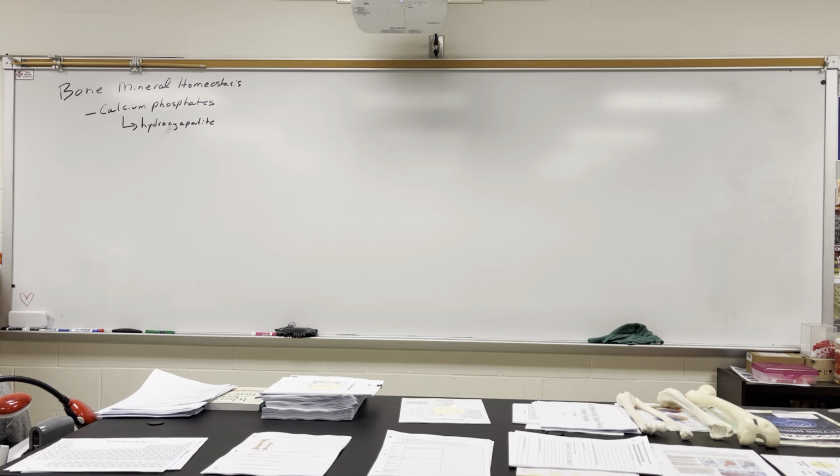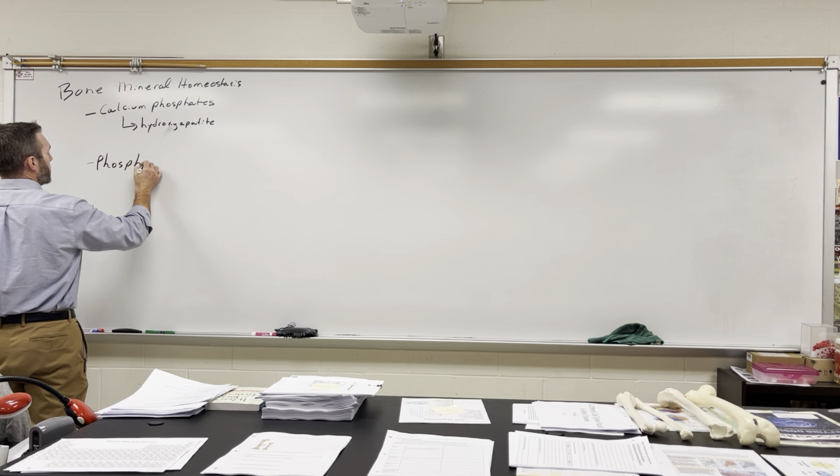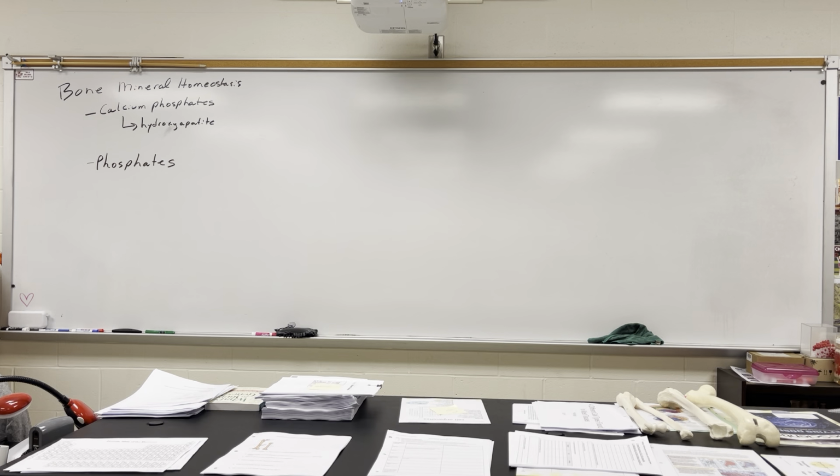When we look at the physiology of what calcium and phosphates separately do within the body, most of the attention will be put on calcium and its function throughout the body. So to start, let's look at phosphates first. The reason we look at phosphates and calcium is because we consume them in our diet.